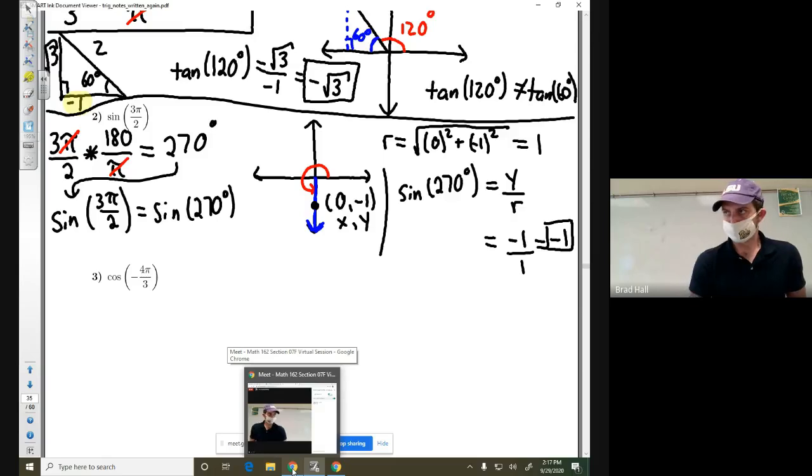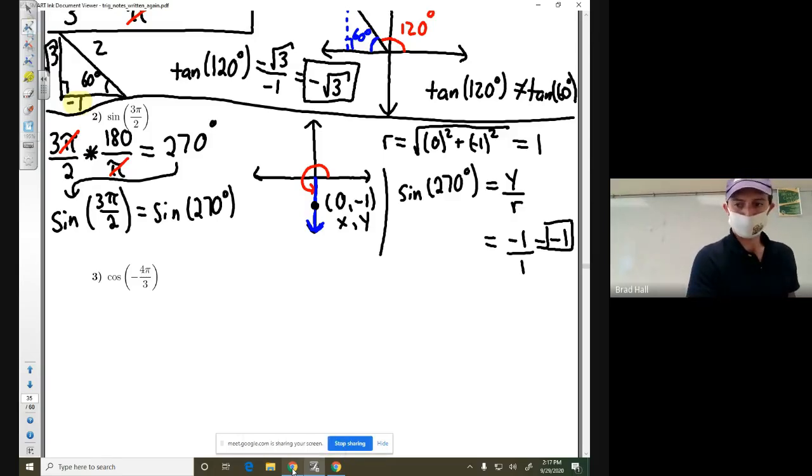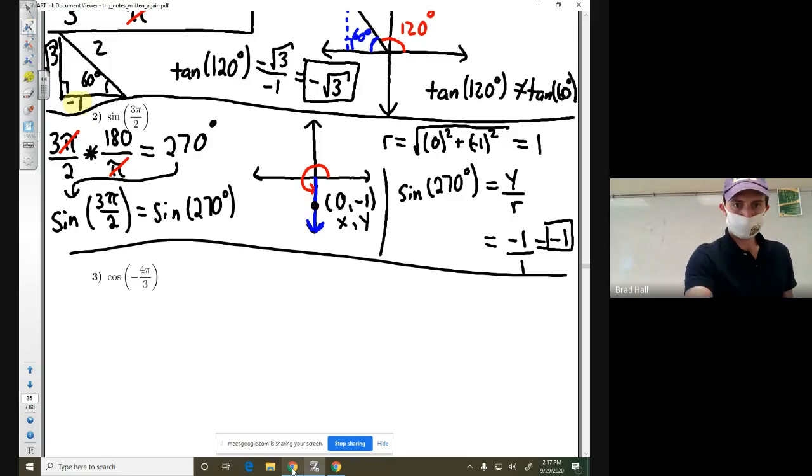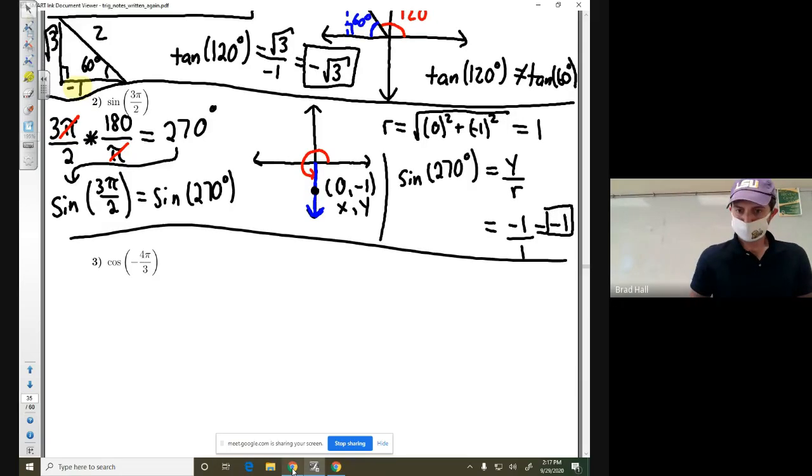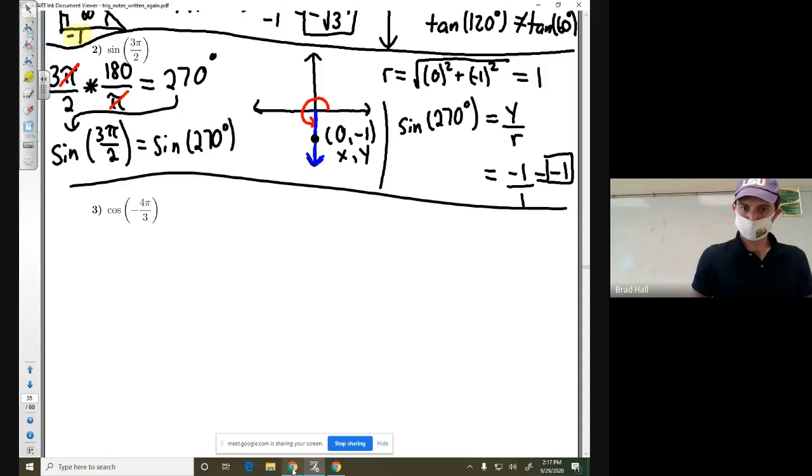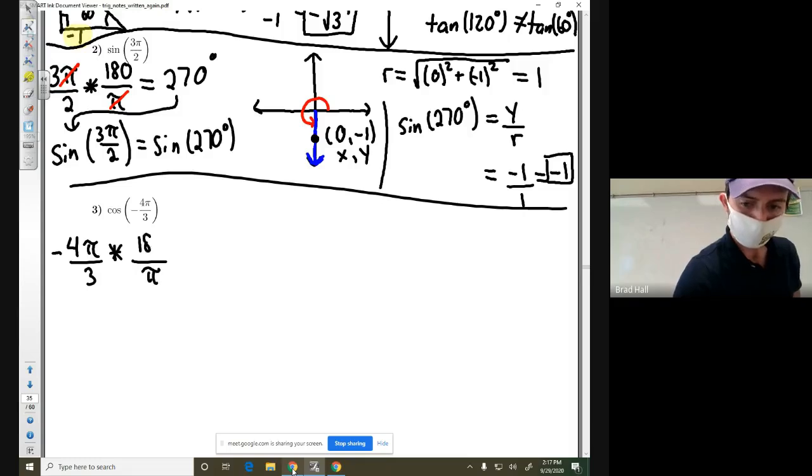Okay. Any questions? Should I keep going? So let's do that. Cosine of -4 pi over 3. First thing I'm going to do, nothing new here. I'm going to convert the radian into degrees, just so we can have a better intuition about what the angle will look like.